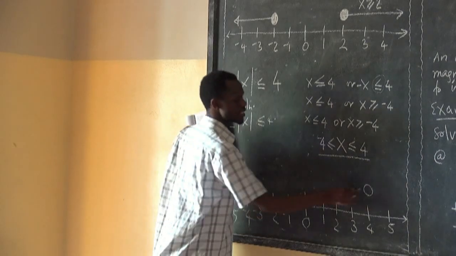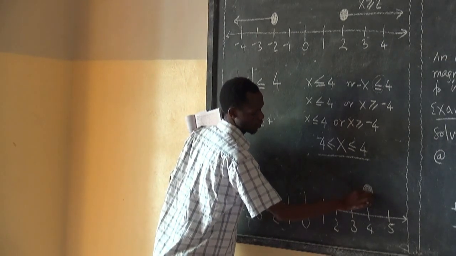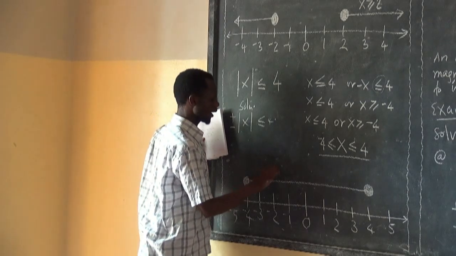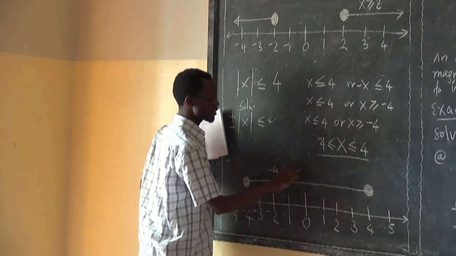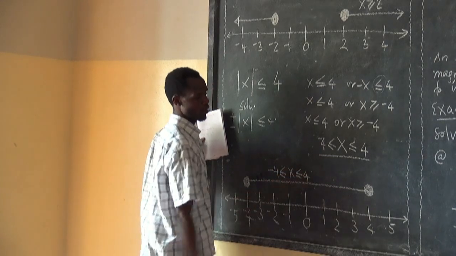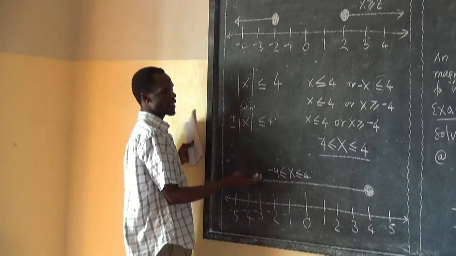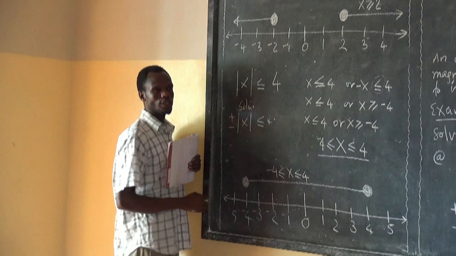Negative 4 is included, and also positive 4 is included. Now we join it. Therefore, we have negative 4 is less than or equal to x, and x is less than or equal to 4. So we have solved this one, then we have represented our answer on the number line. So this is the way we do it.